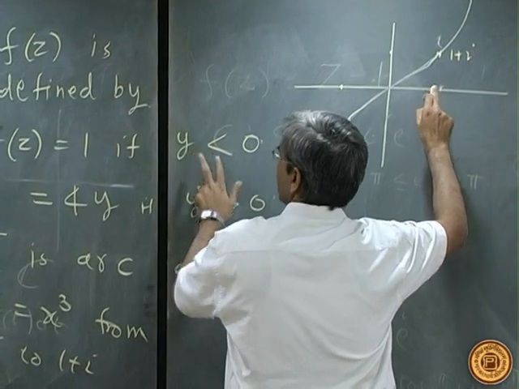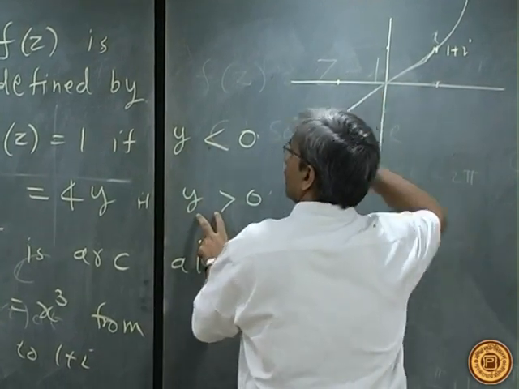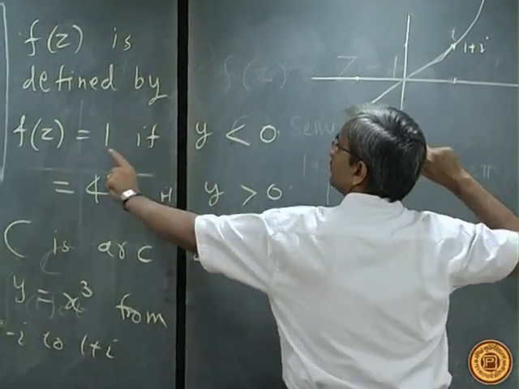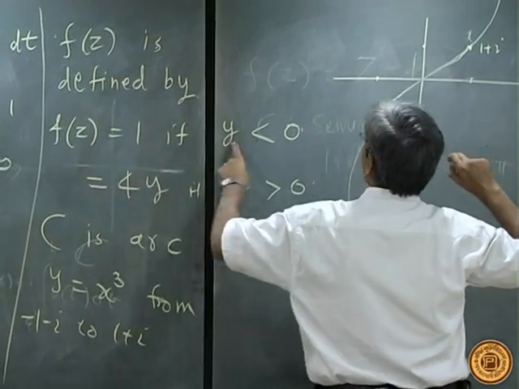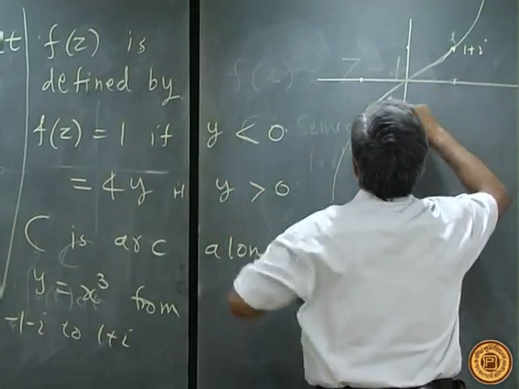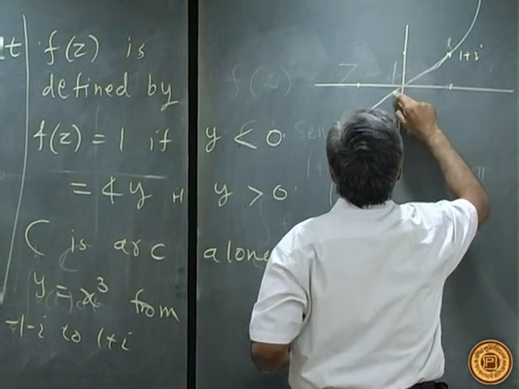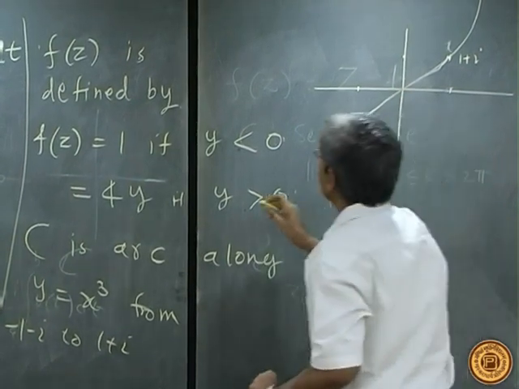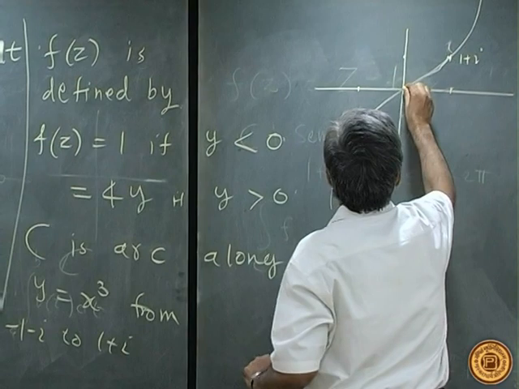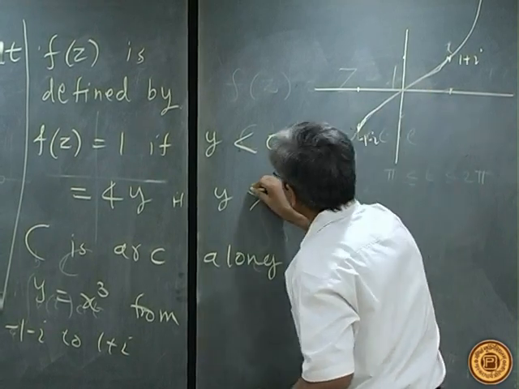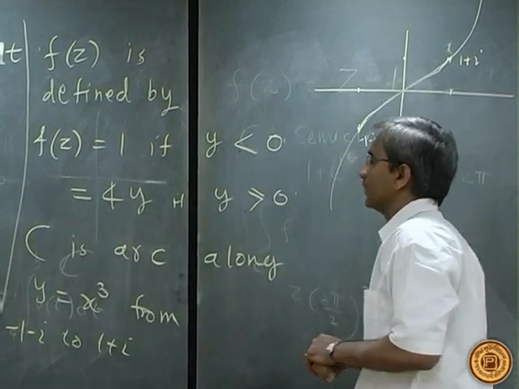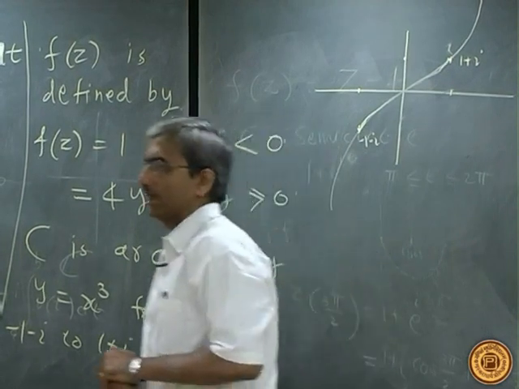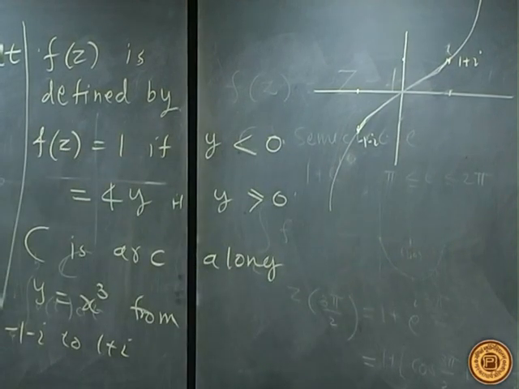There the function is given by 4y, and it is 1 if y is negative. So from this part the function has some value. At 0, y is equal to 0, so this point also one has to define. So let us take that to be 0. Suppose it is 0 at y is equal to 0.